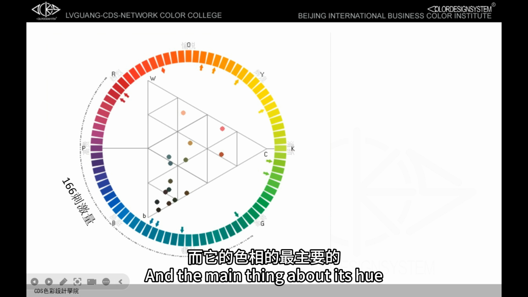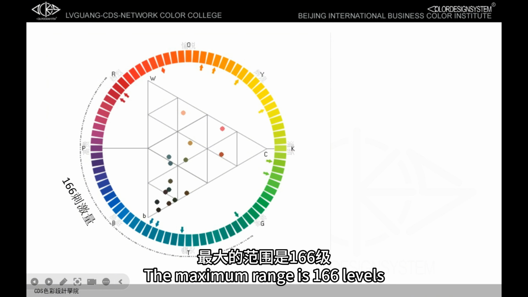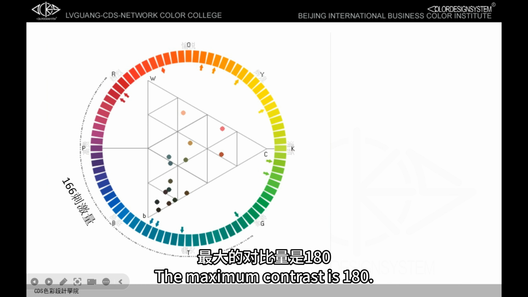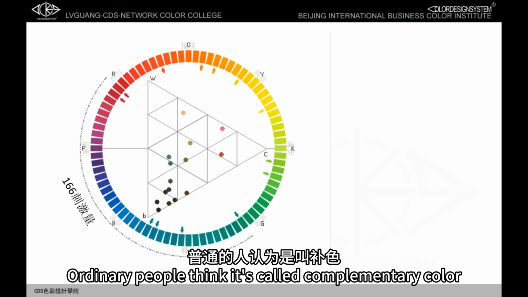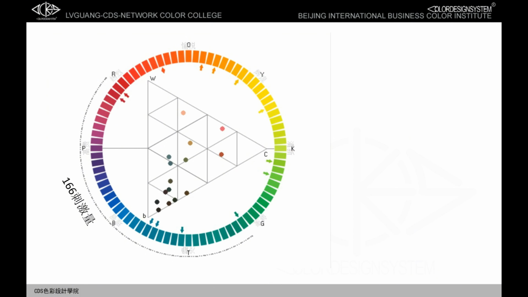And the main thing about its hue, the range of its hue is contrast. The maximum range is 166 levels. We all know that in the CDS system, the maximum contrast is 180. Ordinary people think it's called complementary color, in what we call antagonistic color.